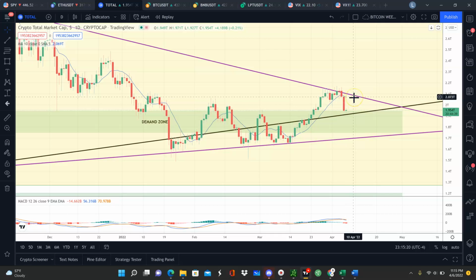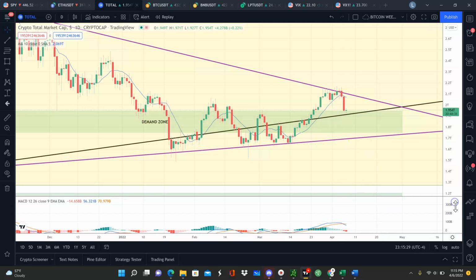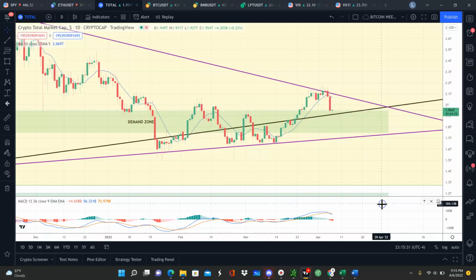Also notice that the 10-period moving average is starting to curl down. So we really have a bearish signal here on crypto total market cap, but like I said, it's so far holding at this support level. So I'm going to be watching this over the course of the day.